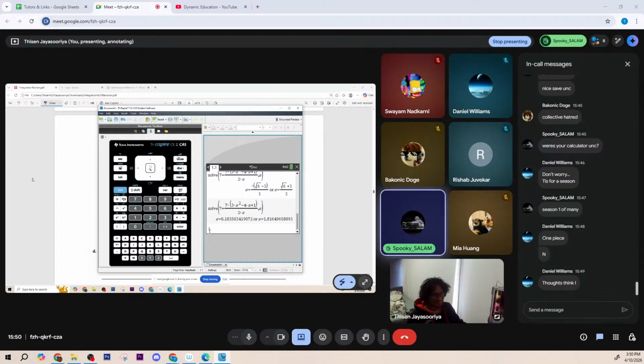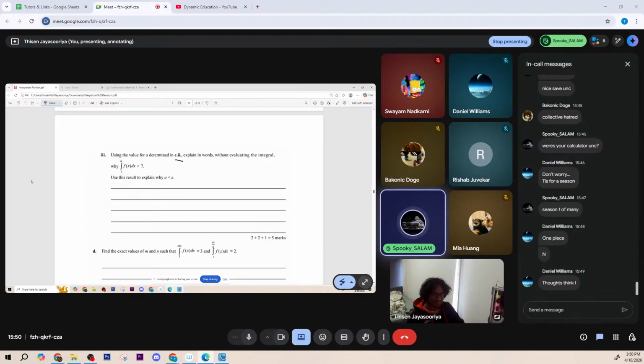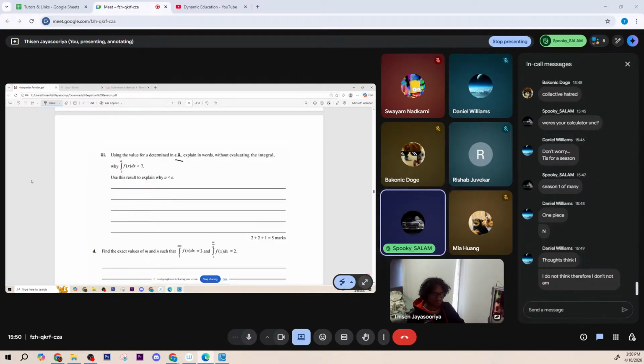Is it because you used the line before? You used the line CA, but this one is saying f of x, not that line. That's good. So f of x is lower, so it'll be less than 7, right? Yes.